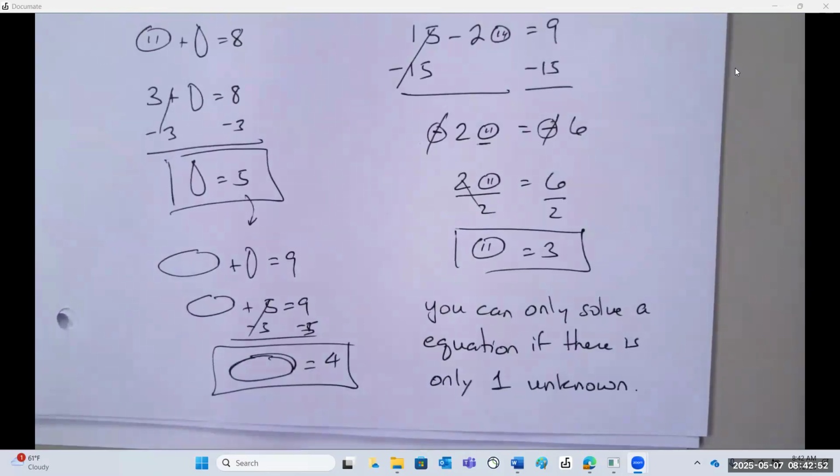If there's more than one unknown, then you have to find the relationship between that unknown and the other values.